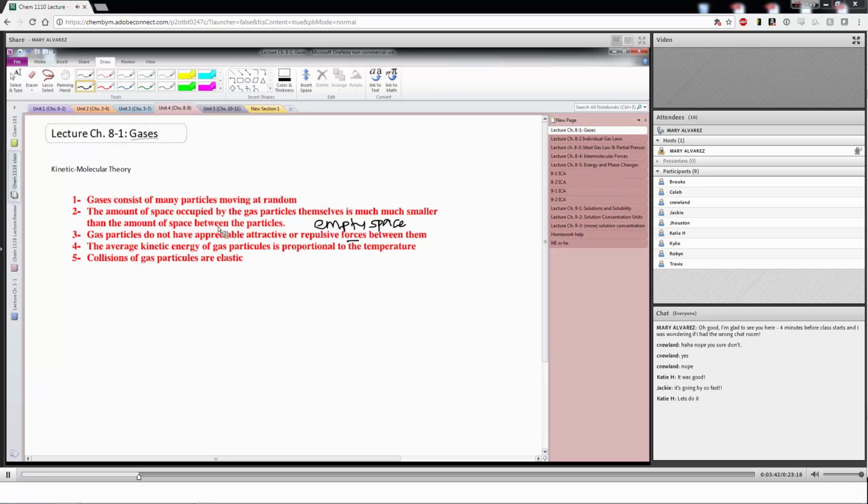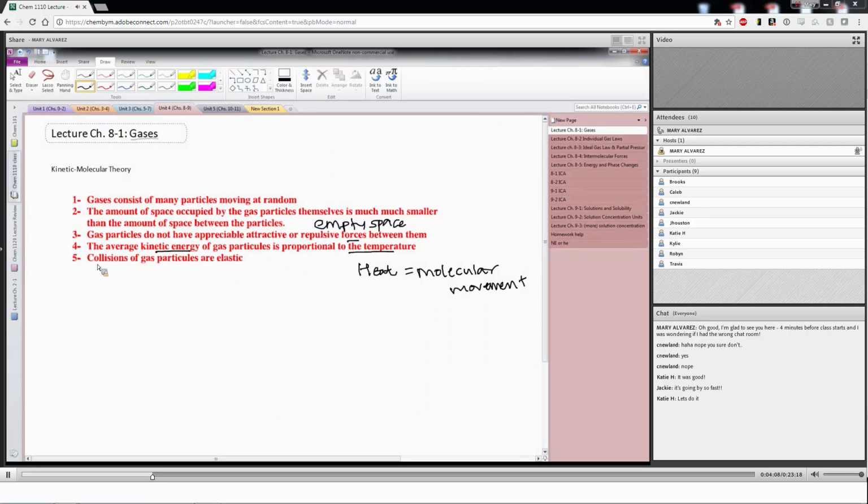Number 4, average kinetic energy of a gas is proportional to the temperature. I think we've talked a little bit maybe about how heat, which temperature measures, is just molecular movement. And that is a reflection of kinetic energy. So it makes sense that the higher the temperature, the higher the energy you've got.